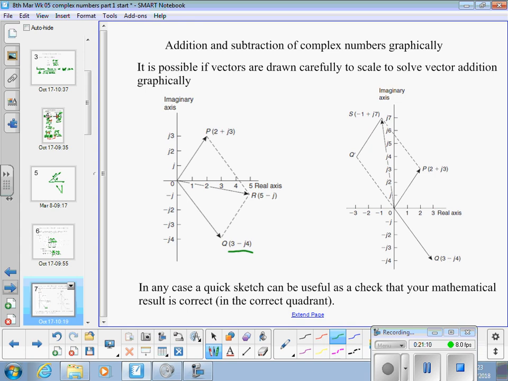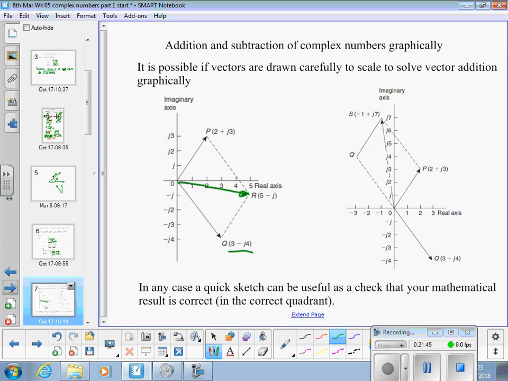Here's 2 plus 3j, and the resultant vector is that one in there. A quick sketch will show you whether you're in the right area.